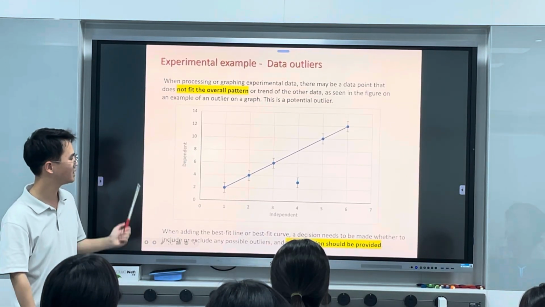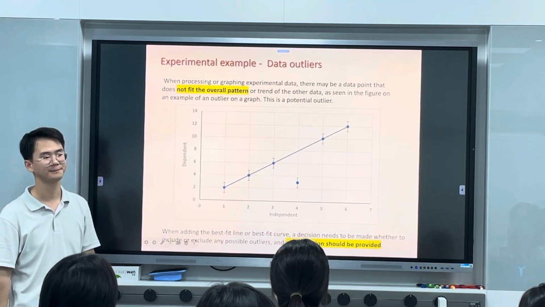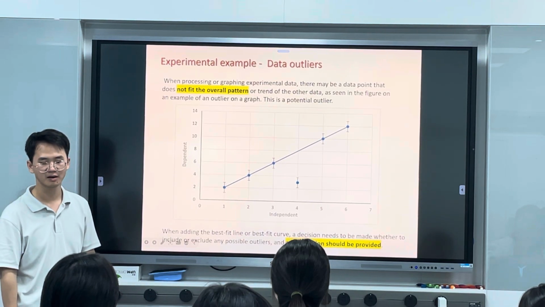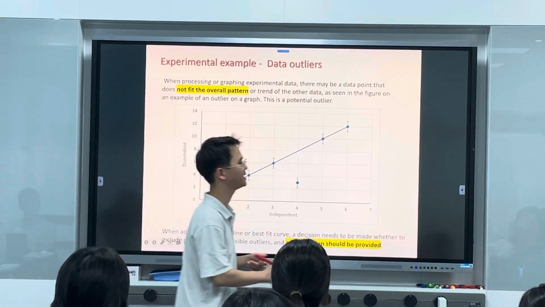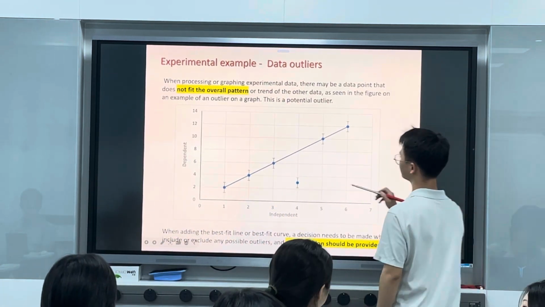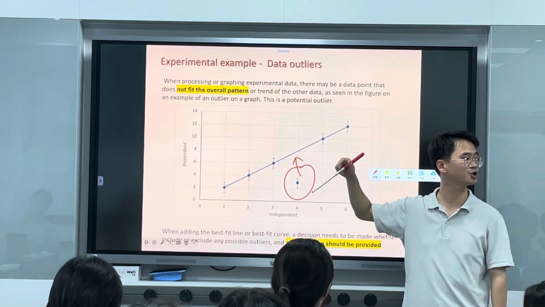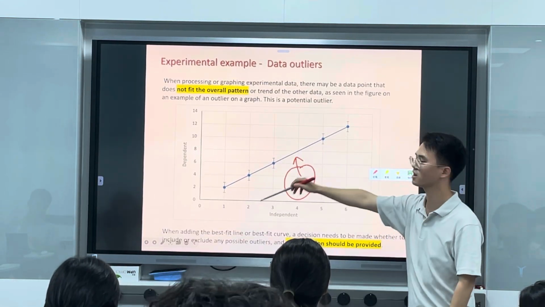In this case, what is the data outlier here? The independent variable of 4. This is a data outlier because it does not fit the trend of the other data.